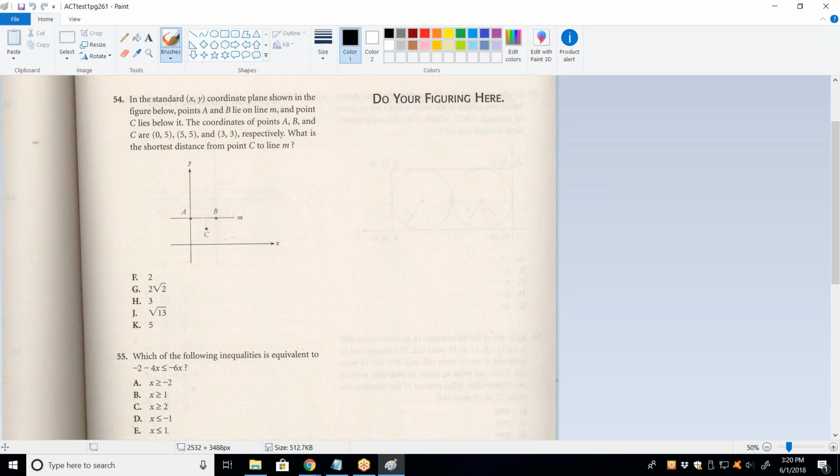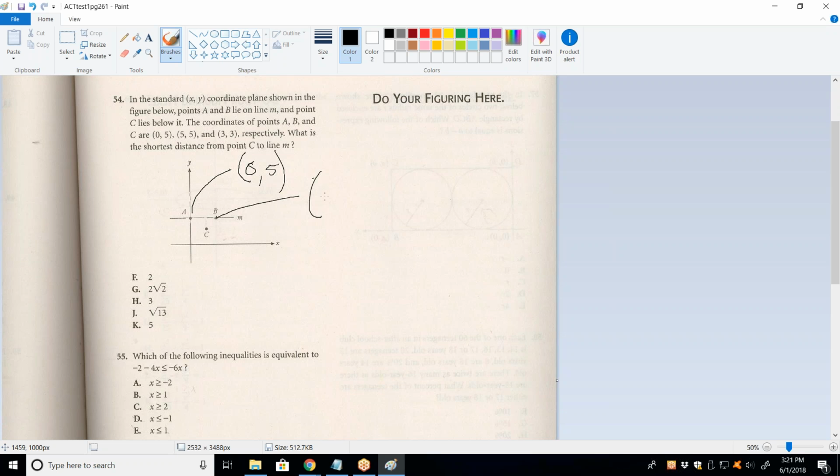If you don't immediately know, what should I do? Graph it. Make a diagram. Label. What is that point right there? A. 0, comma 5. They're telling us A, B, and C are 0, comma 5.